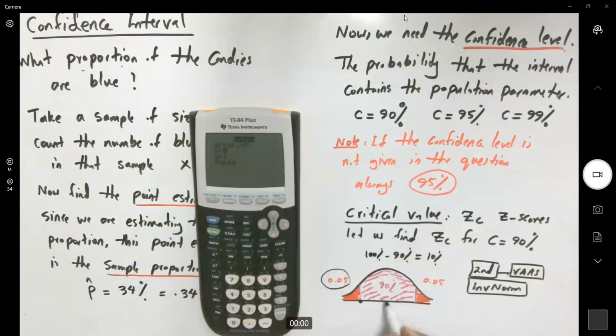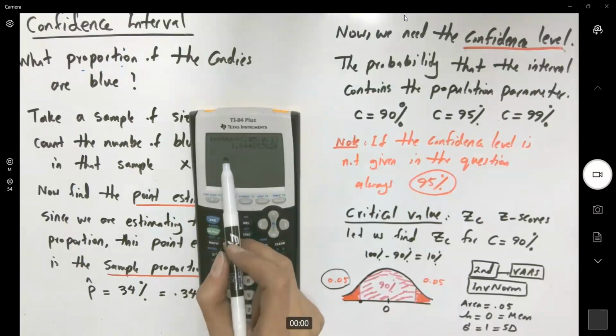The mean of the standard normal distribution is always 0. Its standard deviation is always 1. So area is 5%, mean is 0, and standard deviation is 1. Let us calculate the z.